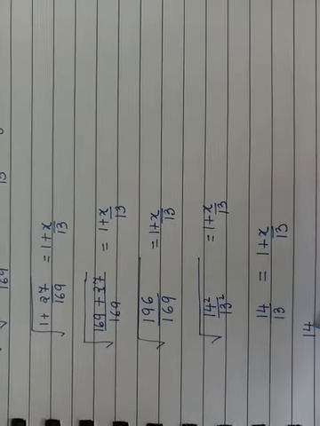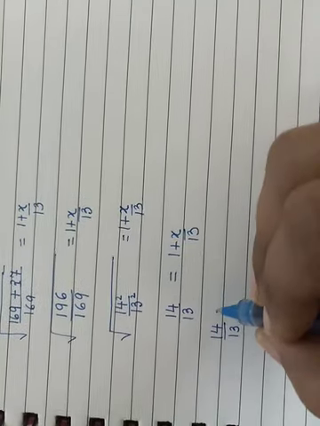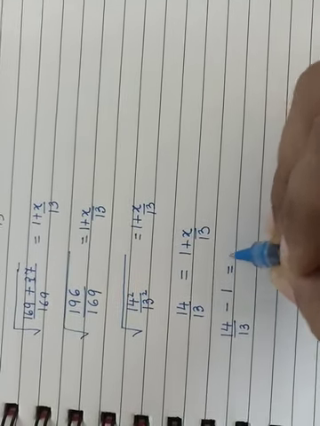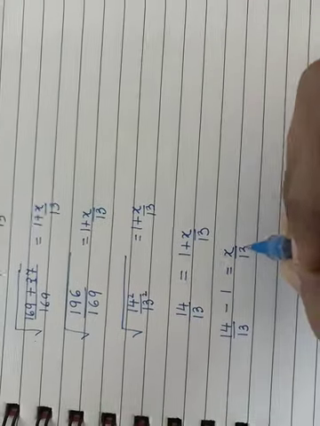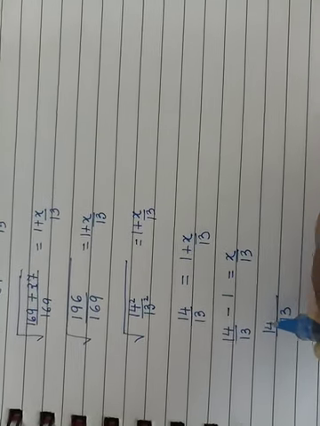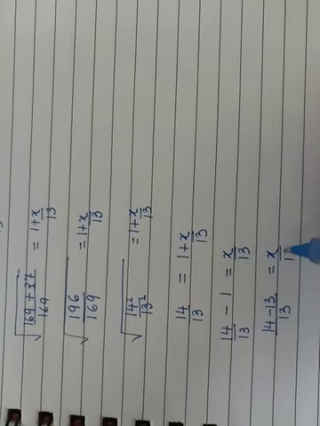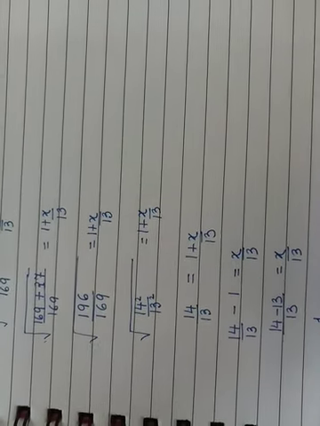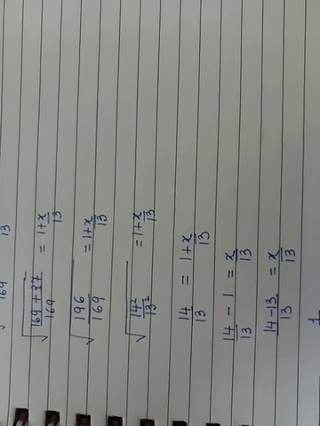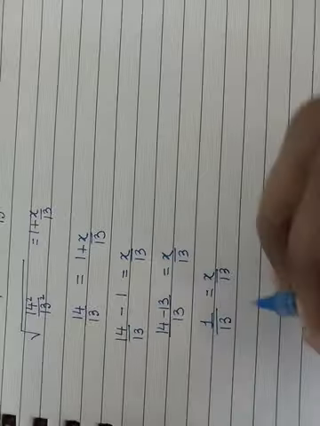Now we transpose this 1 to the left side. So what we get? 14 by 13 minus 1 is equal to x by 13. LCM is 13. 14 minus 13 is equal to x by 13. So what we get? 1 by 13 is equal to x by 13.